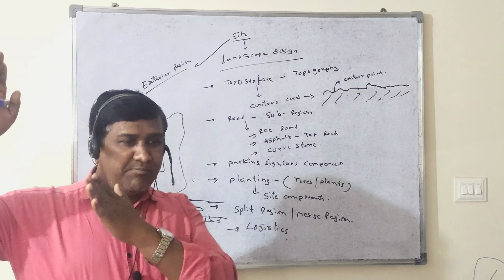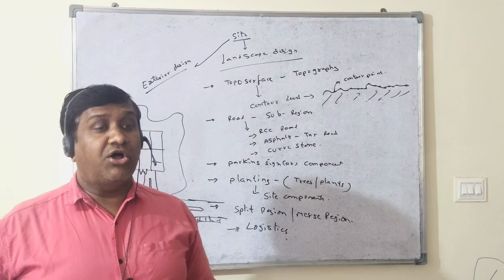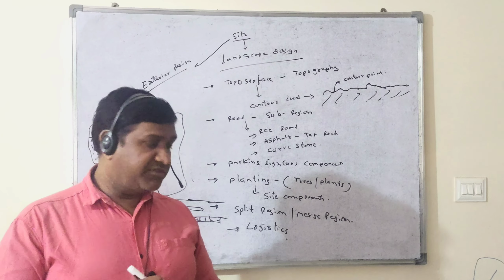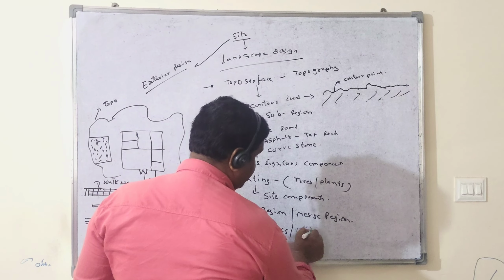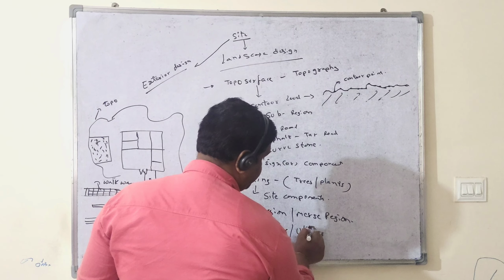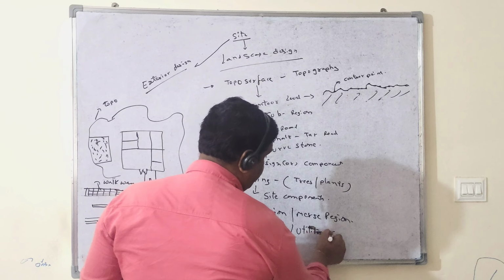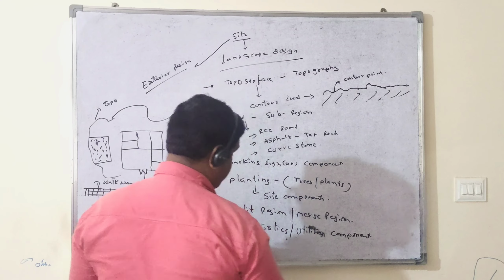So some electrical poles, some telecom boxes, that all comes under logistics or utilities also. So here you can call it logistic and utilities components. All this we can provide in a site.